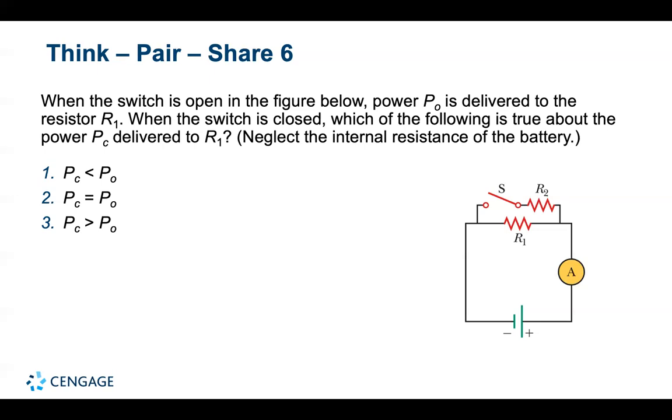If the battery has negligible internal resistance, the terminal potential difference is the same with the switch open or closed. Under these conditions, the power delivered to R1 equals delta V squared over R. It's unchanged when the switch is closed.